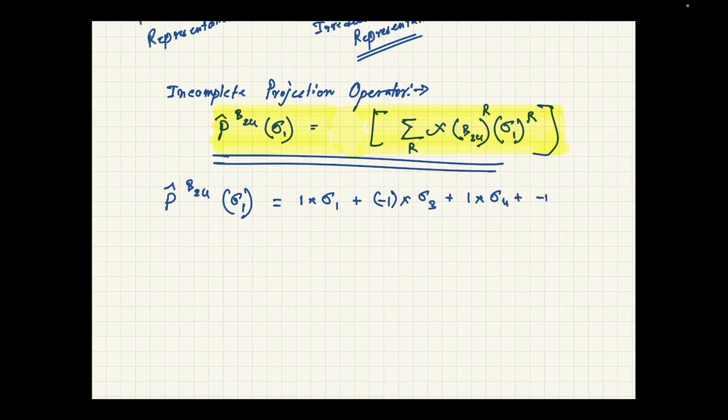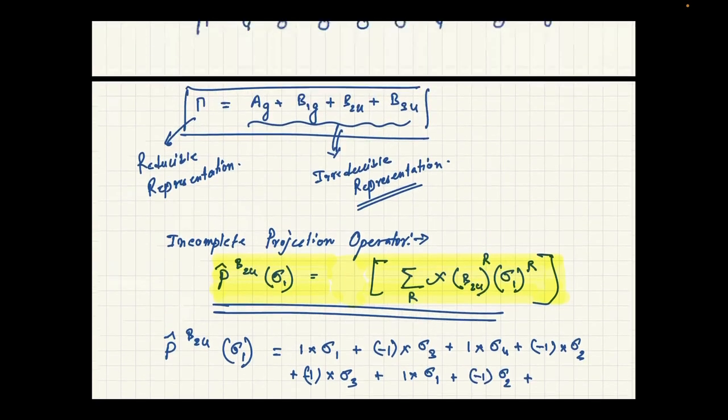Then like this, minus 1 times sigma 2, then plus 1 times sigma 4, minus 1 times sigma 3 plus 1 times sigma 1 plus minus 1 times sigma 2.